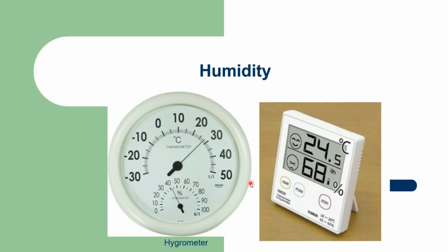This is another one, a digital one. It tells you 24.5 Celsius, and RH means relative humidity, R for relative, H for humidity. You have a smile, which means good weather, and the humidity reached 68. 68 is not a good level of humidity, so you see the face is not a happy face.